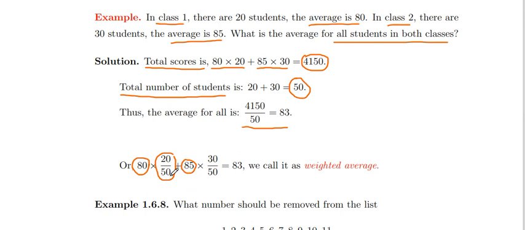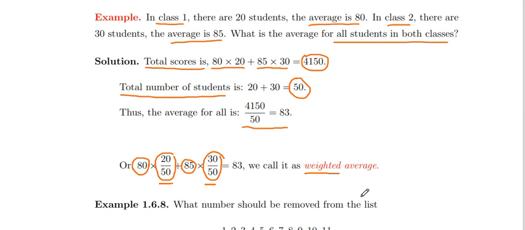Class 2 contributes 30 over 50, right? We can regard those as weights. Weight means how much percentage you contribute.